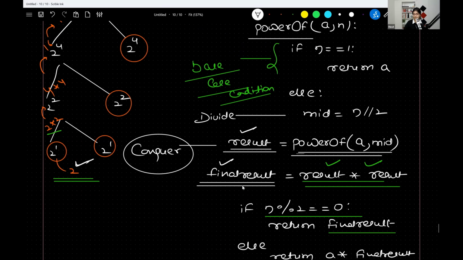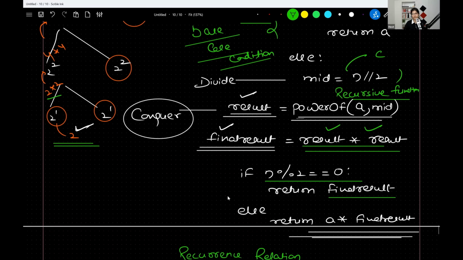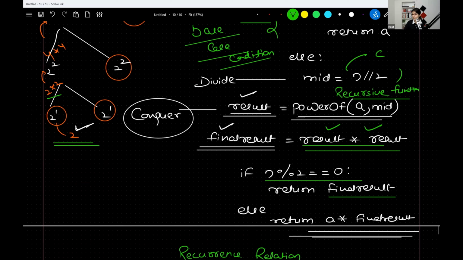Think over it. Base case condition is a constant thing. This is where we are doing a recursive function call, right? But before that, it's a middle finding. It's a constant task C. Recursive function call. What is the recurrence relation for this part? Anyone who can give me the answer?